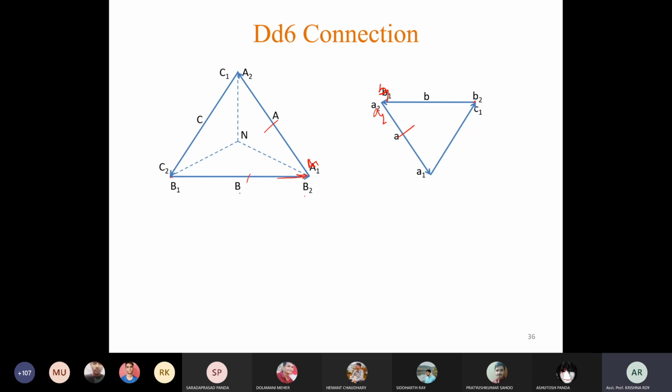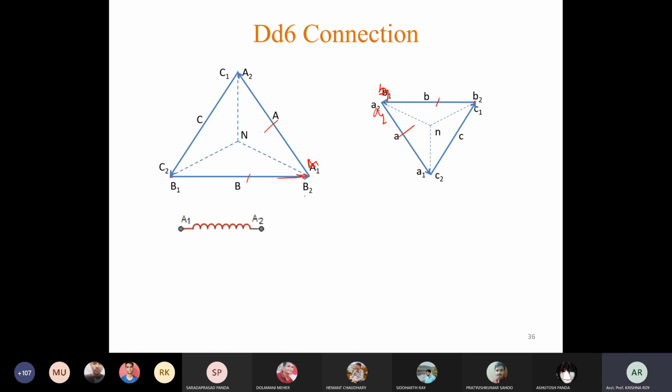This is B phase, this is B phase, but these two phases are opposite in direction. In case of high voltage side, the phasor is directed from B1 to B2, but in case of low voltage side, it is directed from B2 to B1. Then it will be the mirror image. Now based on this, we can draw.